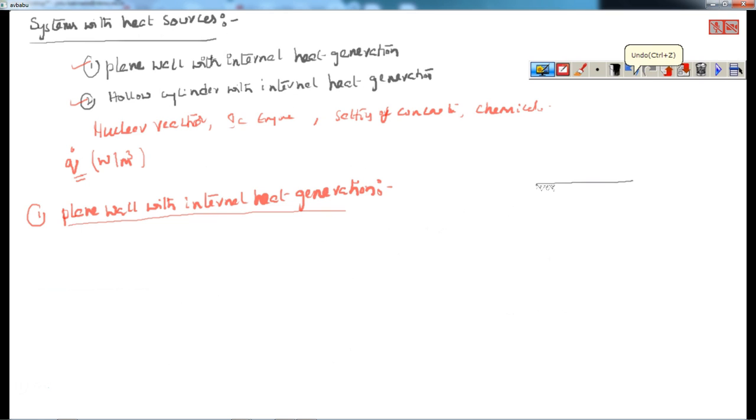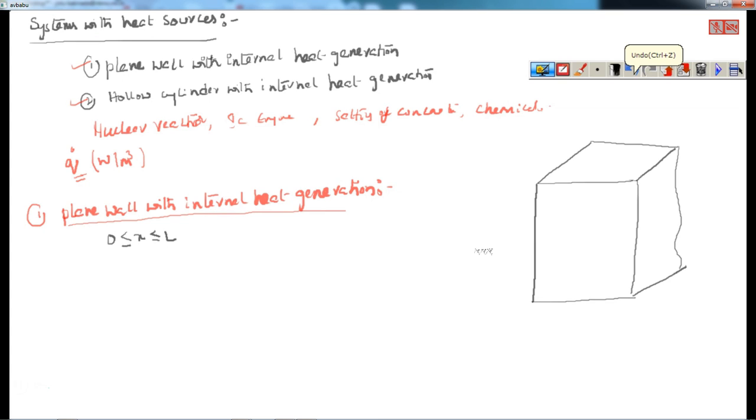Let us take a slab of thickness L, in the region 0 is less than or equal to x is less than or equal to L. This slab has uniform thermal conductivity.